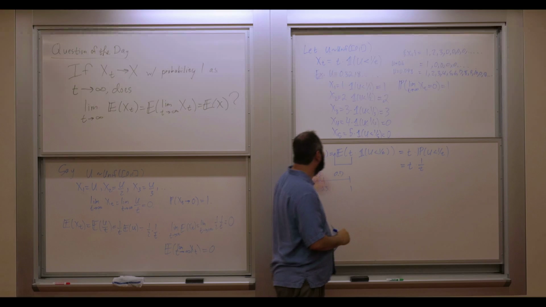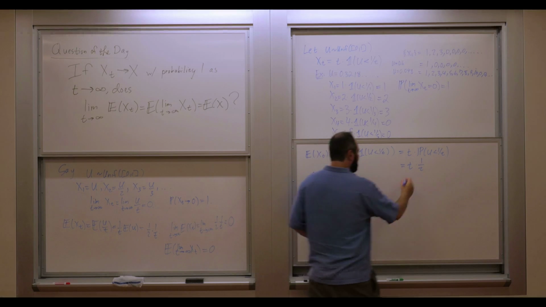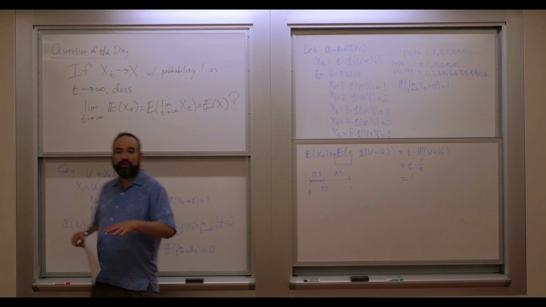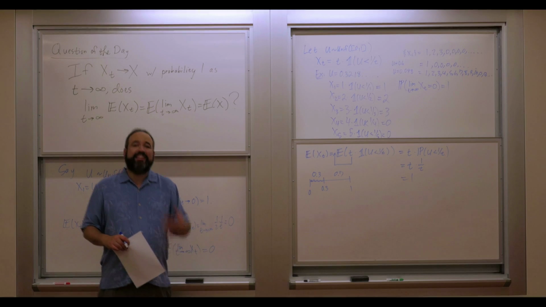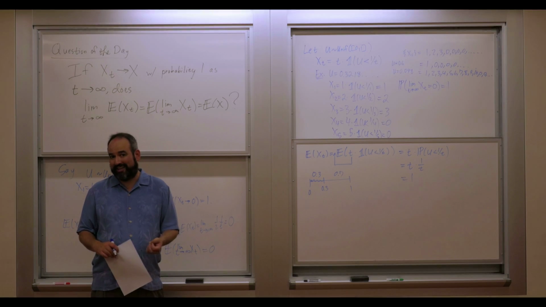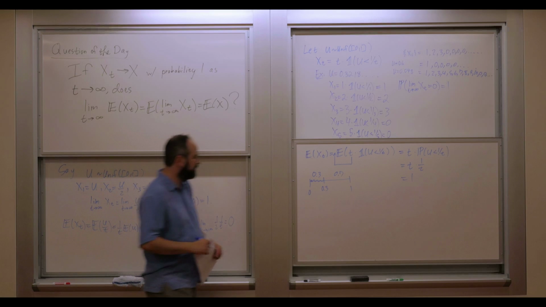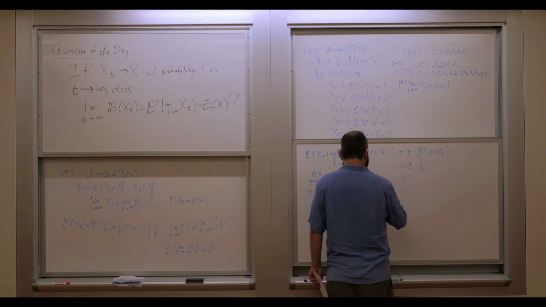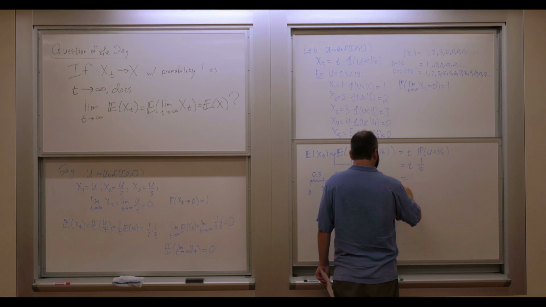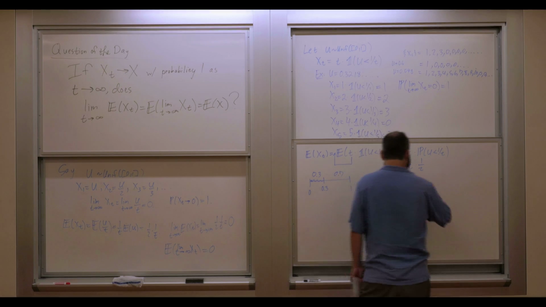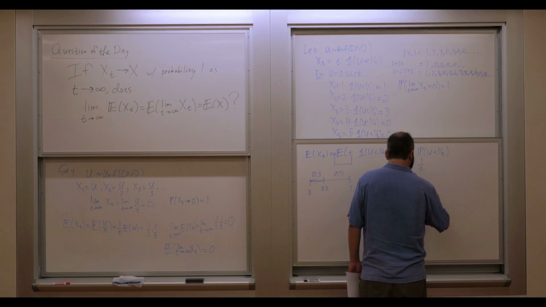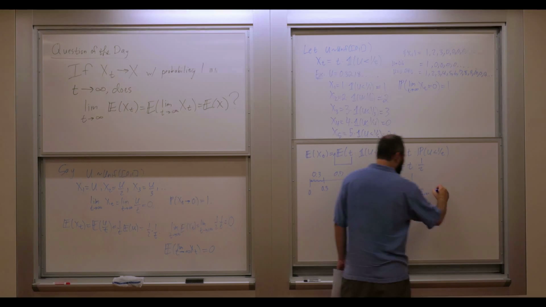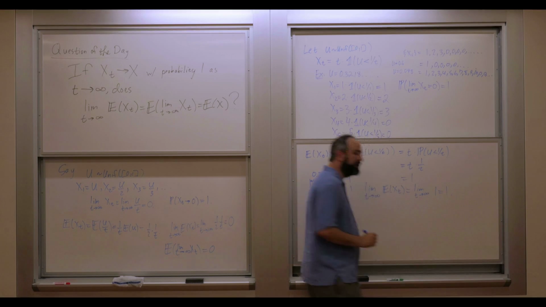And so the expected value of x of t is 1. No matter how large or small t is, the expected value of the x of t in this case is 1. Well, what does that make the limit as t approaches infinity of the expected value of x of t? Well, the point is, the expected value of x of t doesn't depend on t. Not one bit. It's always equal to 1.